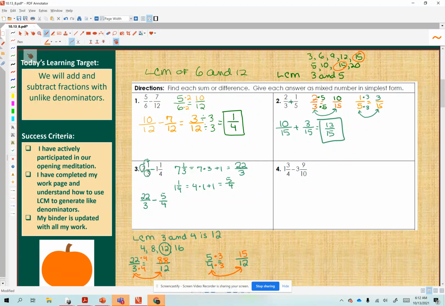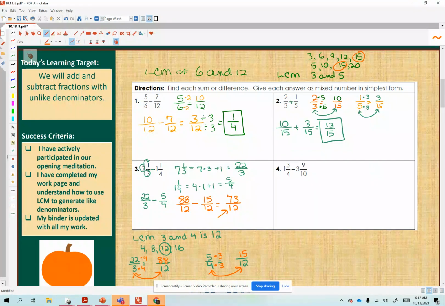So now I have a problem that says 88/12 minus 15/12. So I know my denominator will be 12, and 88 minus 15 is 73. Now what I have here is an improper fraction. I want to convert that to a mixed number.